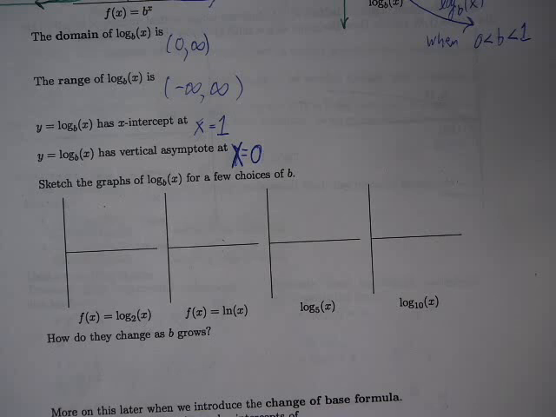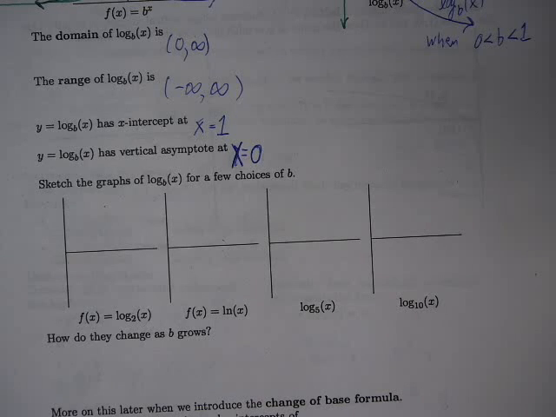How does it look like those graphs compare? They all have the same x-intercept. All the same x-intercept? But the larger the base, the horizontally steeper they are.